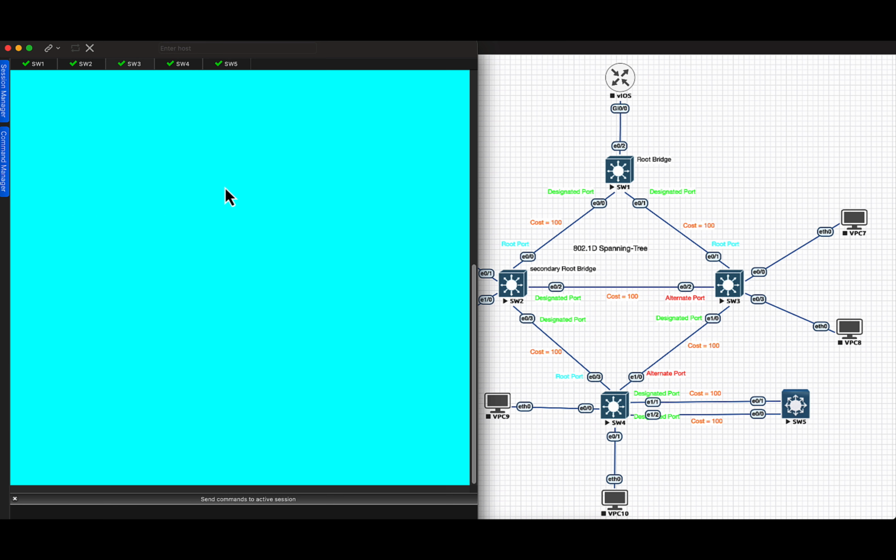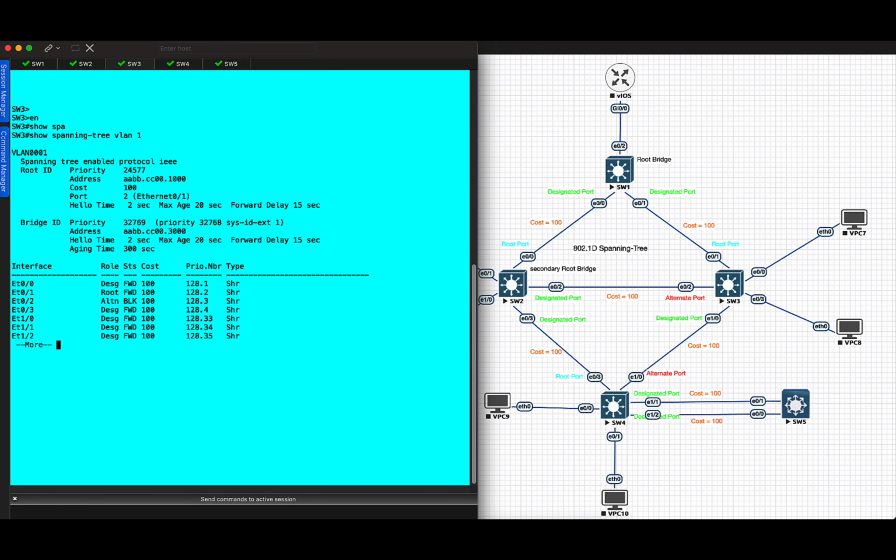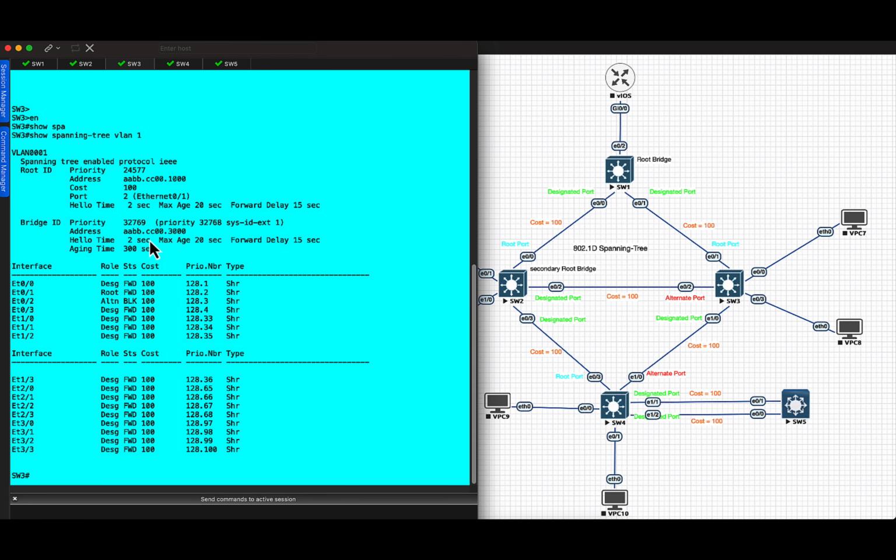Okay, so let's look at 3. Again, it selected E0/1 as a root, and then it also has designated roles and alternate roles. So we're going to go over the criteria selections of a port role, whether it's root, designated, or alternate.